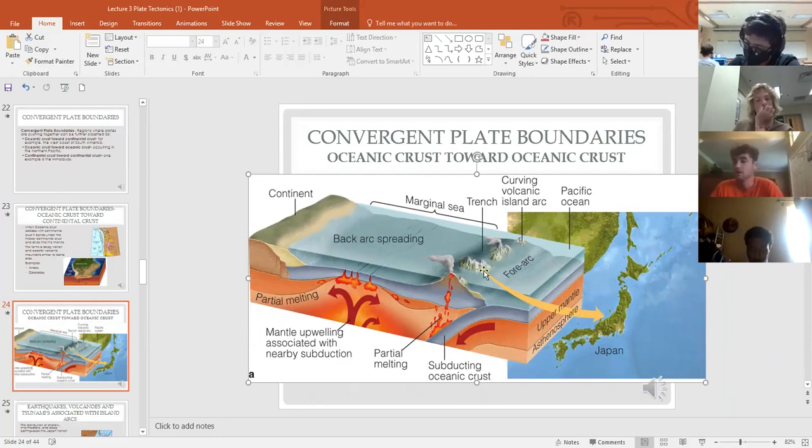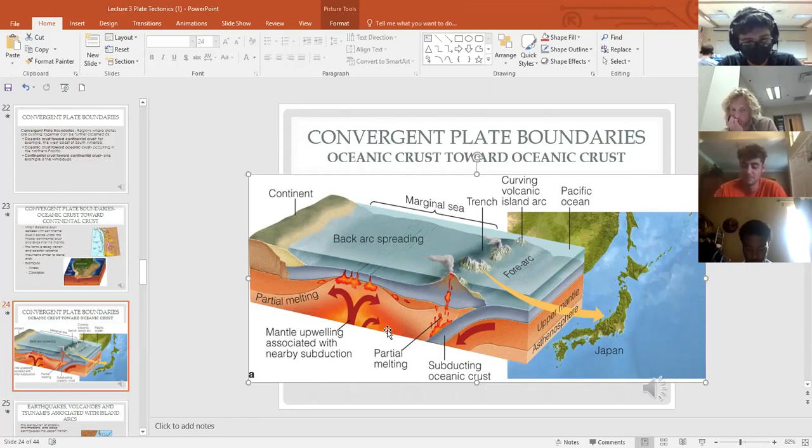So here is your volcanic island arc. There's subduction, subducting plate, overriding plate, earthquakes, very abundant here. You have some back arc activity here in Japan. That is due to a hot spot that is not mandatory in an ocean to ocean collision.